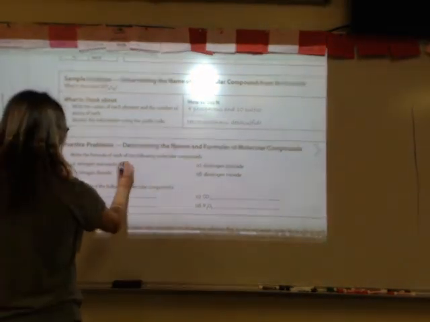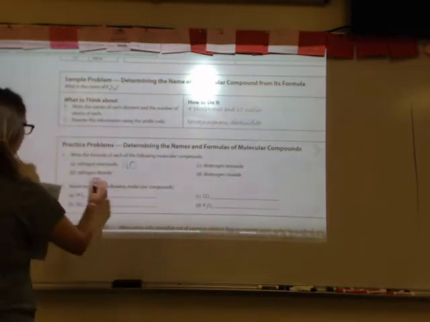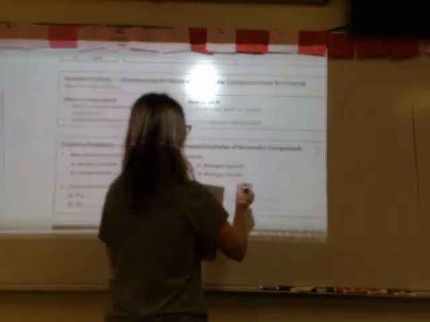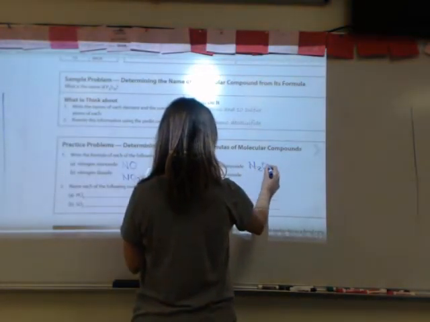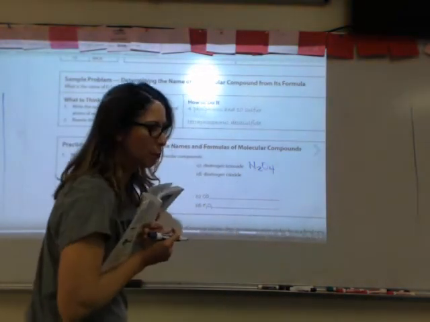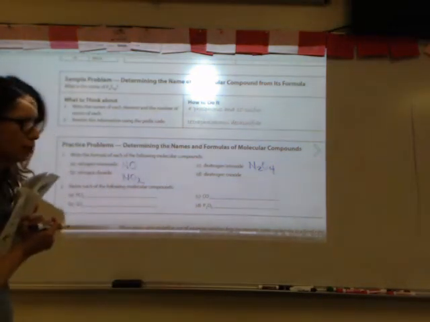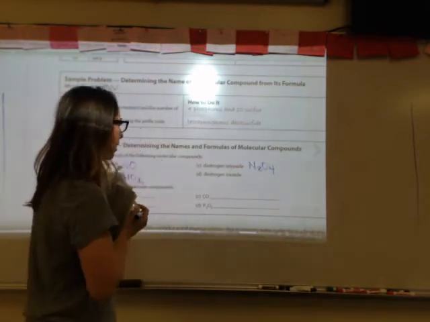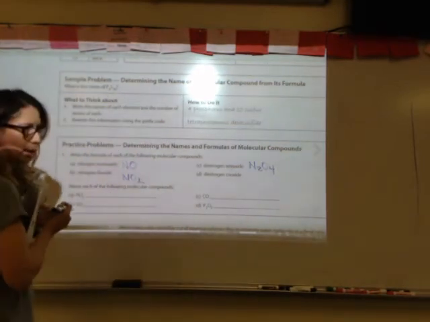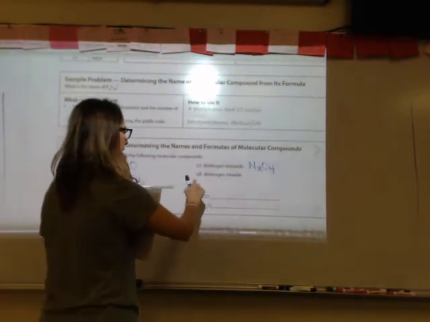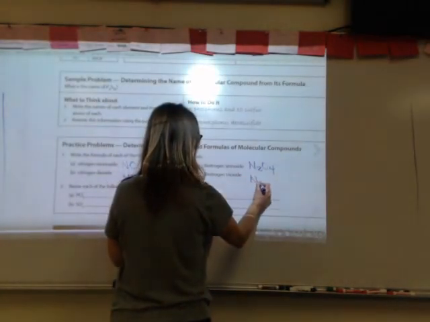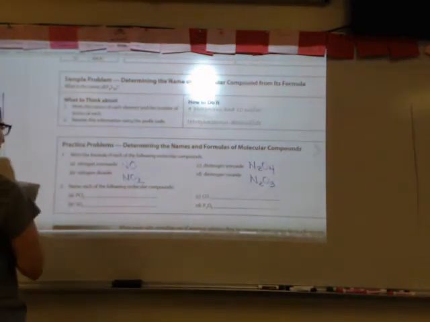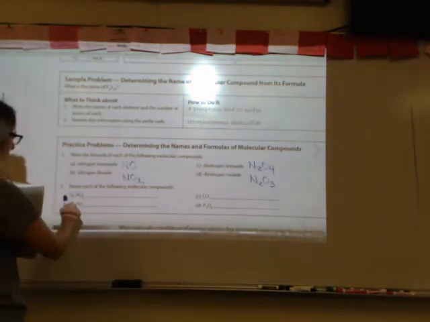Nitrogen monoxide, that would be NO. Nitrogen dioxide, NO2. Dinitrogen tetroxide, N2O4. Do not simplify subscripts in molecular compounds because that would give you something totally different. N2O4 simplified is NO2. That's nitrogen dioxide in B. D, dinitrogen trioxide, N2O3.